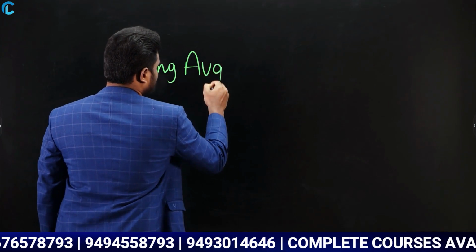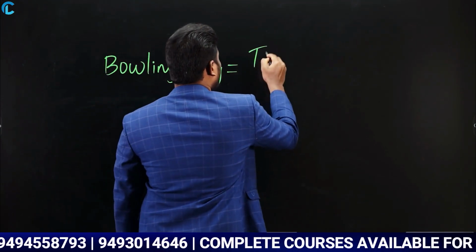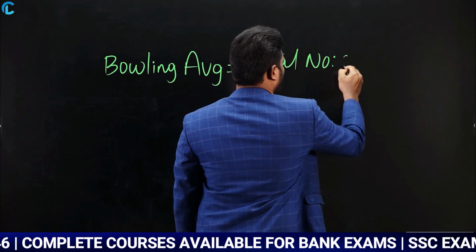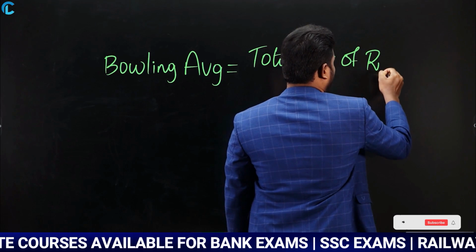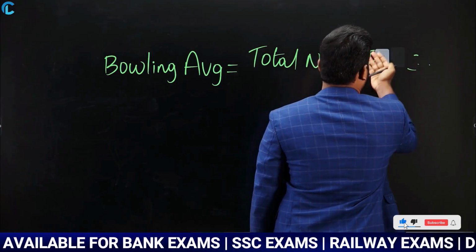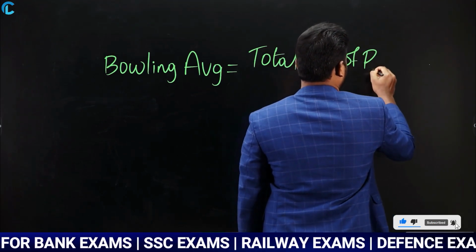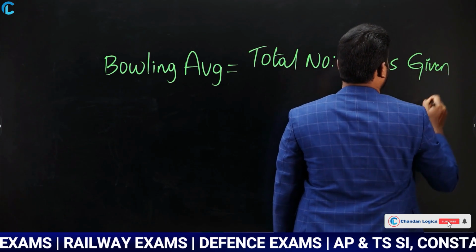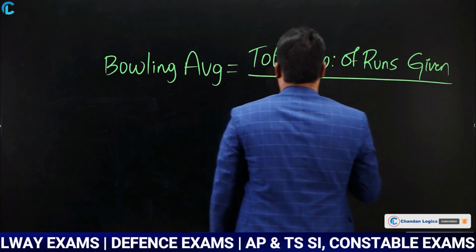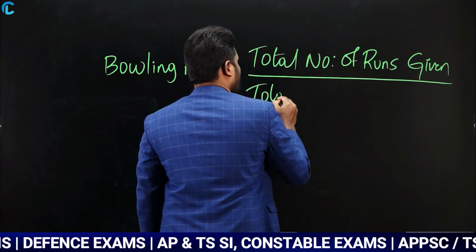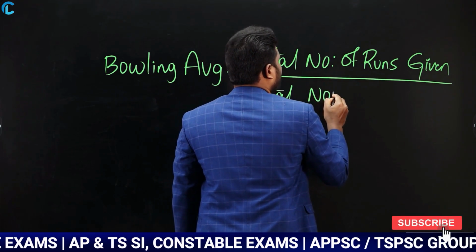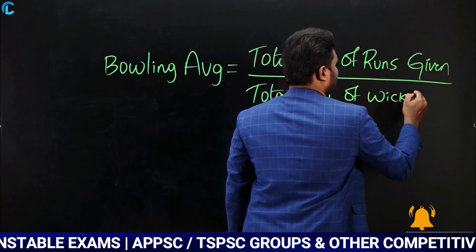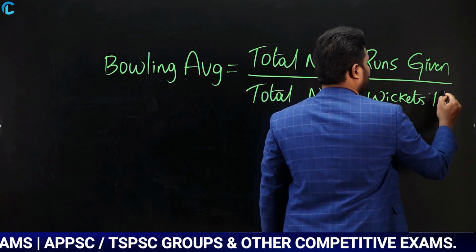Bowling average is nothing but total number of runs given divided by total number of wickets taken.